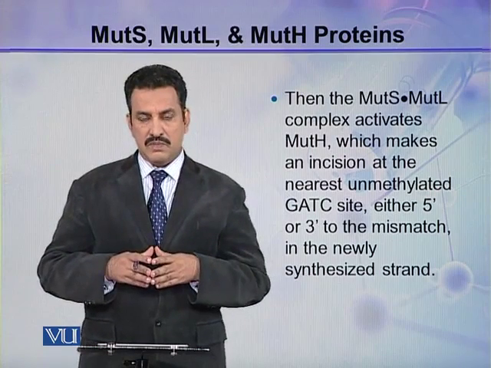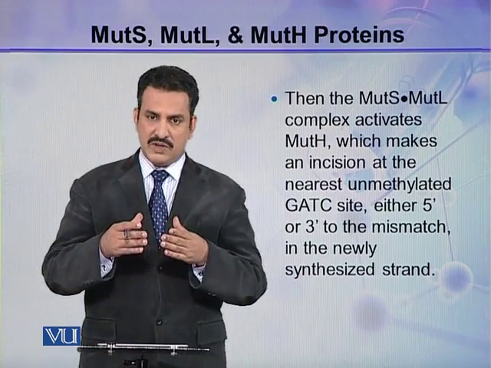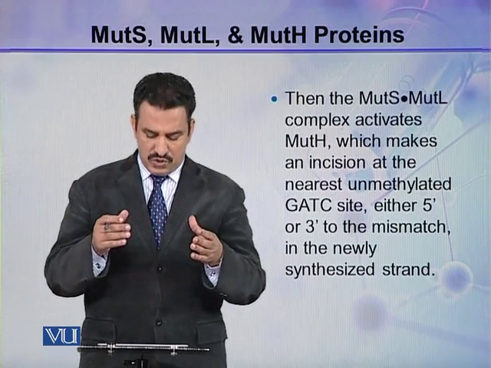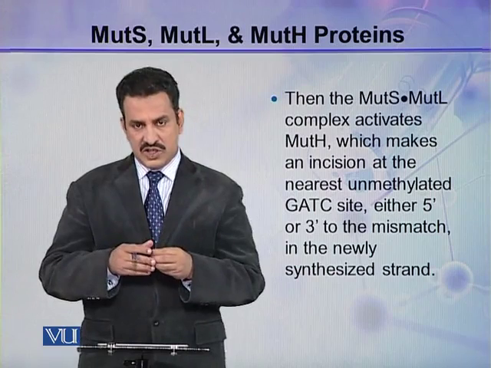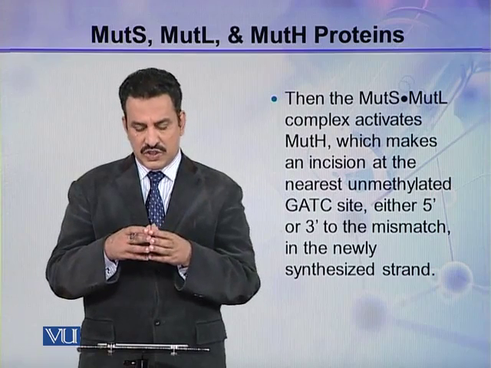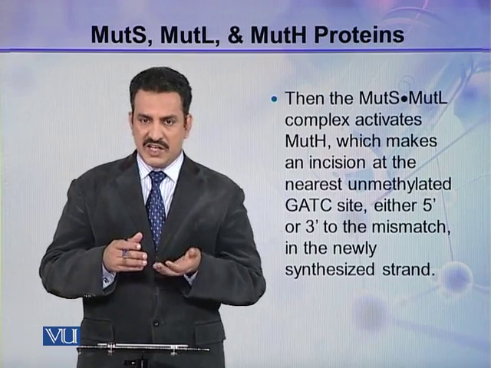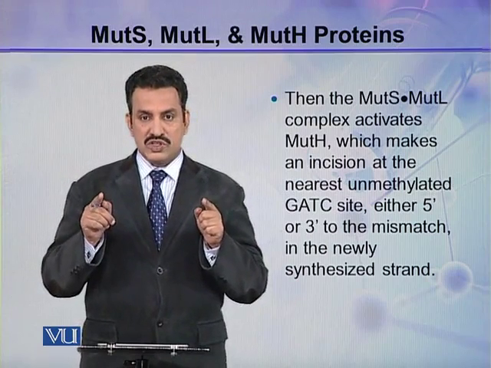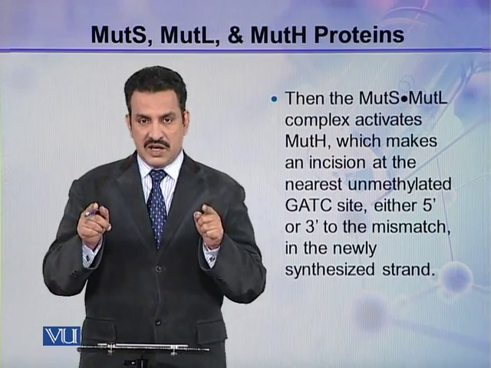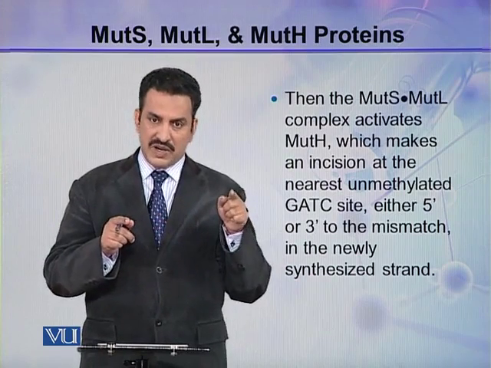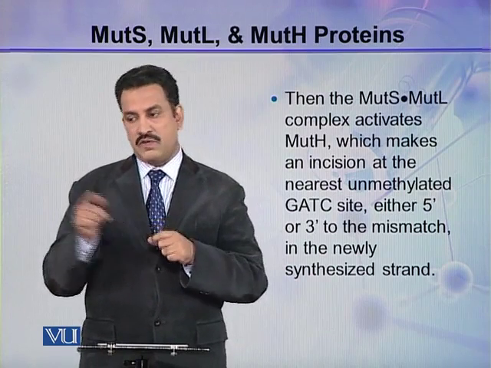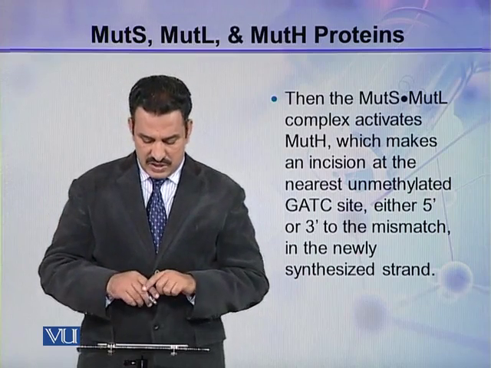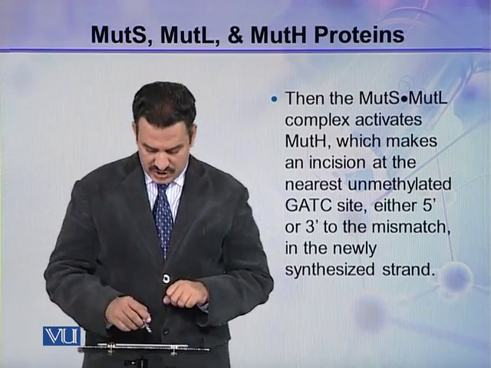So in the first step, MutS is attached, then MutL is attached, and when this complex is formed, this complex activates MutH to introduce nicks either on the 3' side or 5' side. So two nicks are introduced by the MutH protein.